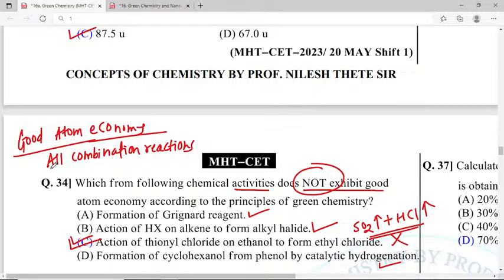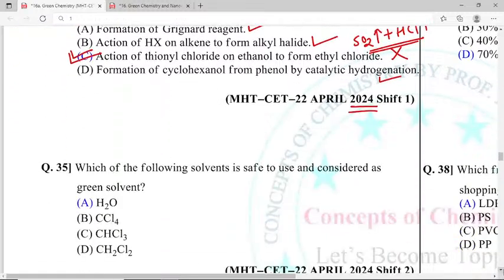That means all combination reactions should be good atom economy.